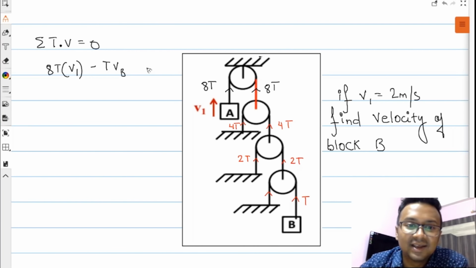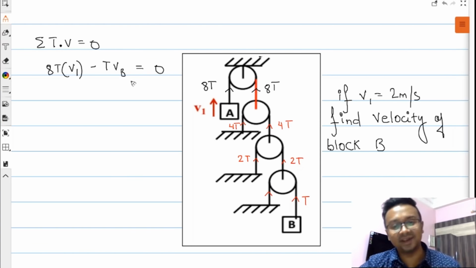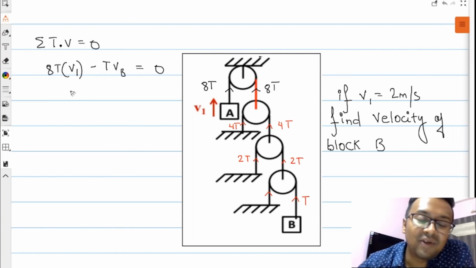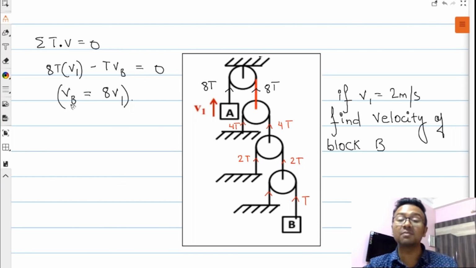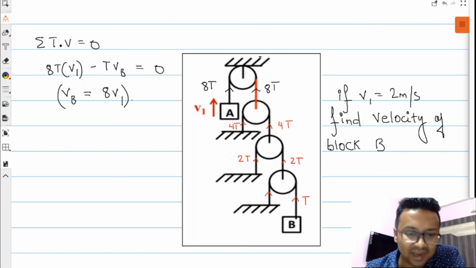All right, so that is all equal to what? 0, my dear friends. Okay, so if I have to find out VB, VB is going to be 8 times V1. All right, just another demonstration of the usage of the shortcut method to find out the constraint relations.